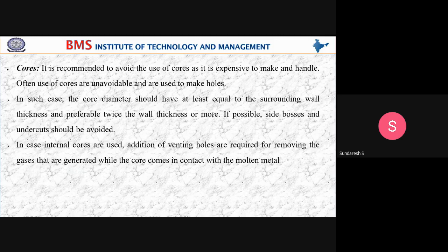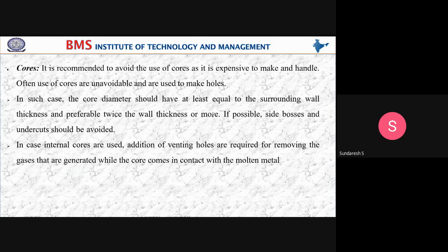When you pour the molten metal, the core also comes in contact with it, and there is a possibility of gases evolving.